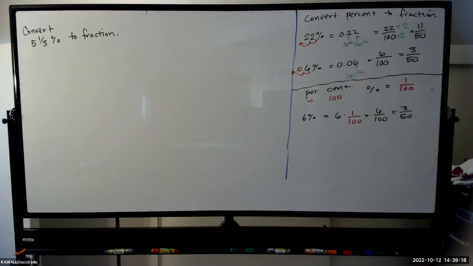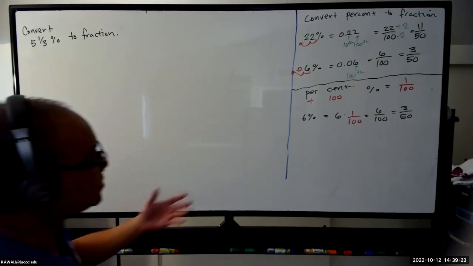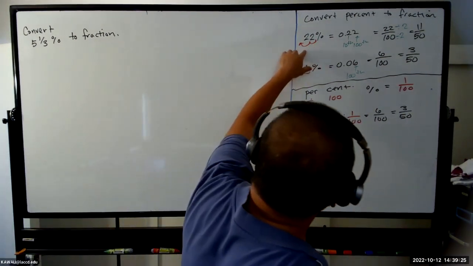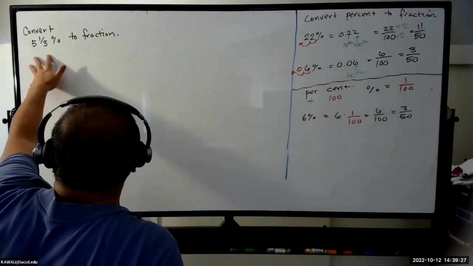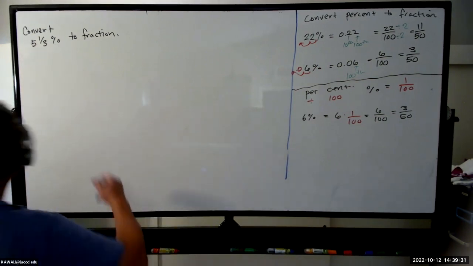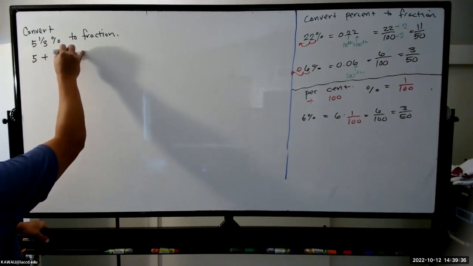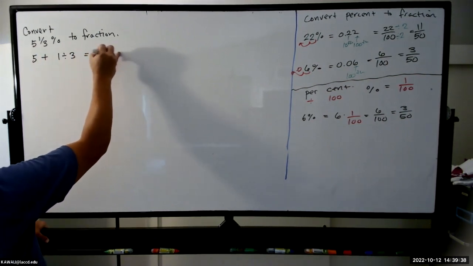Okay. Now, if you go, oh, okay, I'll use my calculator to turn this into a decimal, because my first step is to move my decimal 2 places. There's no decimal here. So I will convert this to a decimal by doing 5 plus 1 divided by 3 on my calculator.